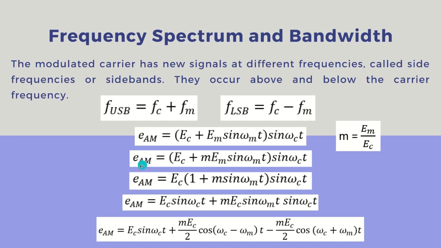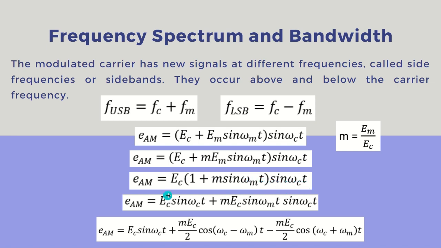So EAM is equal to EC plus M into EC sin omega MT into sin omega CT. If you take EC common out, EAM is equal to EC of 1 plus M sin omega MT into sin omega CT.